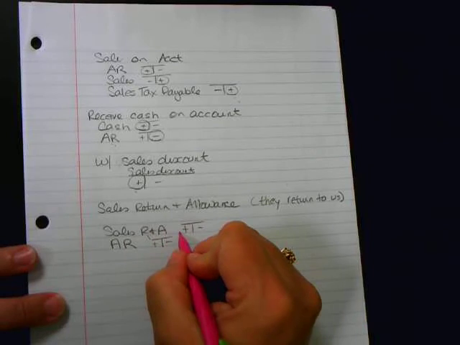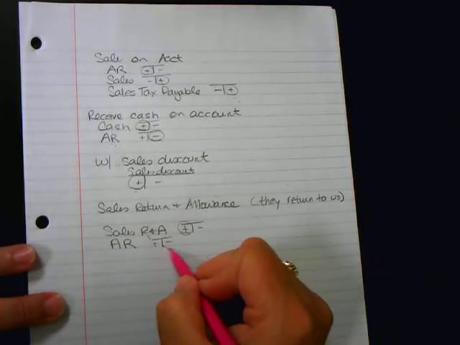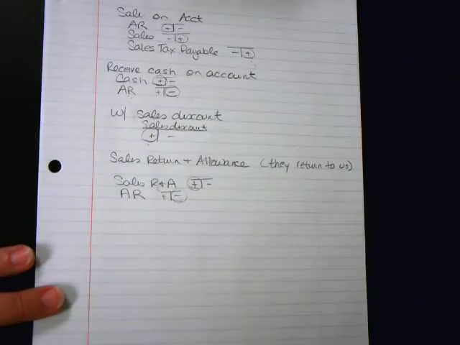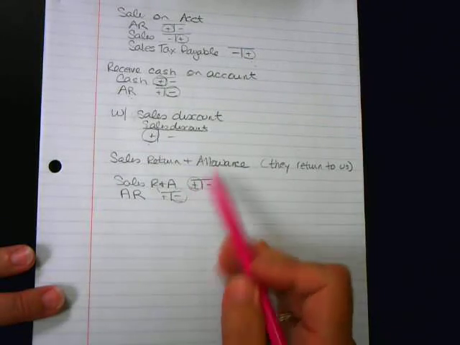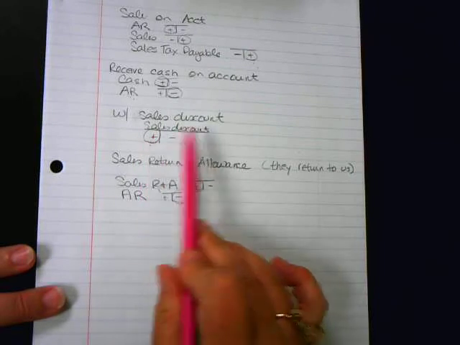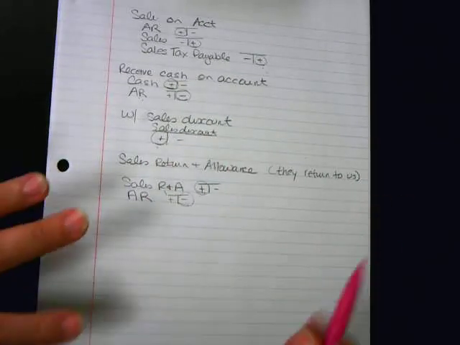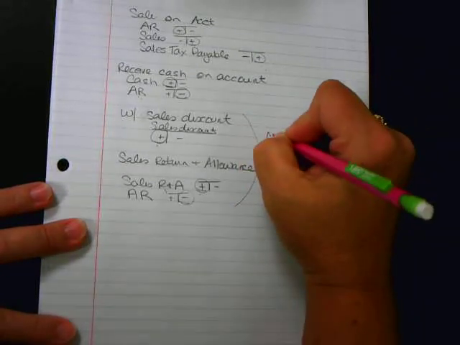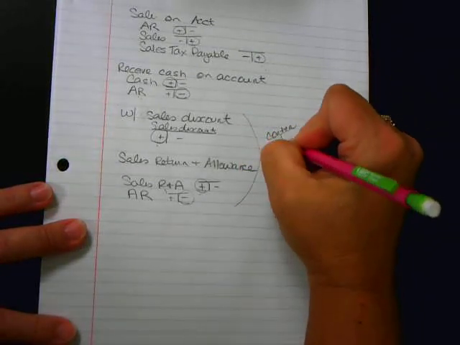So we're increasing the returns and allowances and decreasing what they owe us. And again, we call those contra accounts because they're the opposite of what sales is. They're contra to sales. Okay, and so I can go ahead and mark that these are contra to sales.